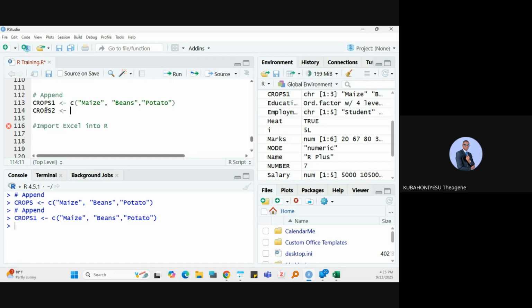She's also listed carrots. Tomato. What else? Cabbages. Onion. It's fine. So we have crops two.